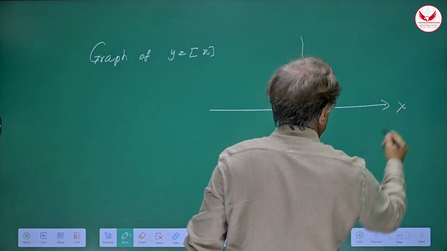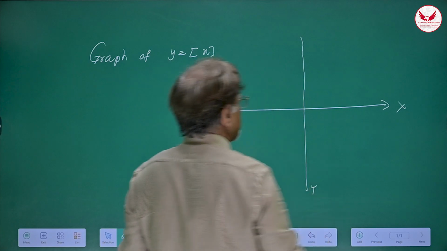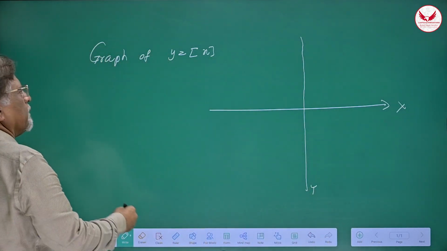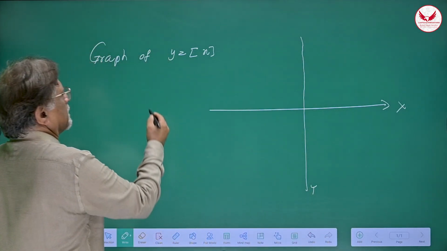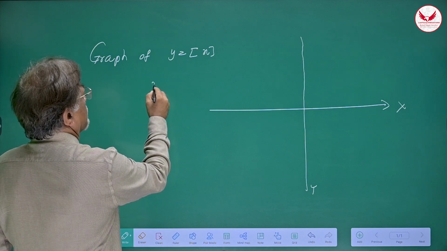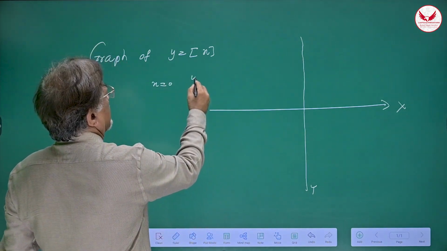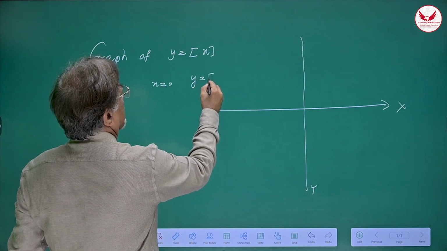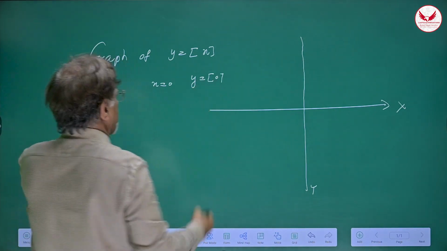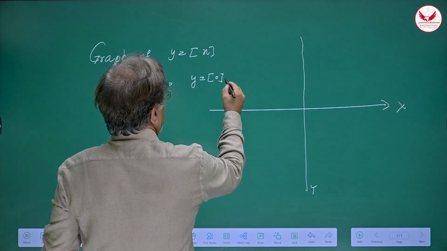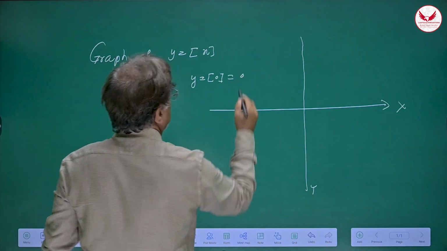This is the x-axis and this is the y-axis. Now just observe one thing: suppose x is 0. Then y is the integral part of 0. But 0 itself is an integer. Therefore, its integral part is 0 only.